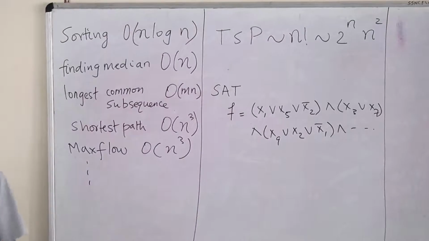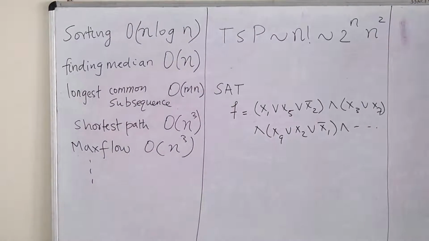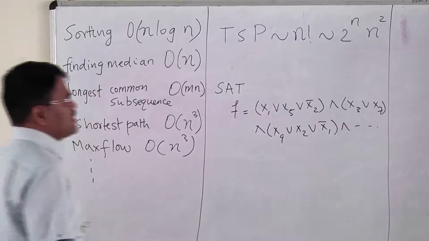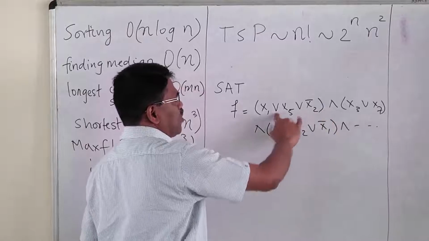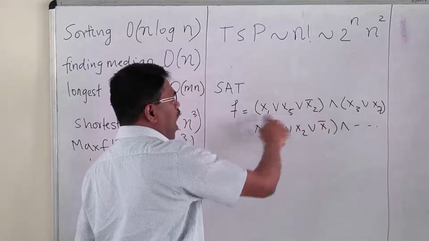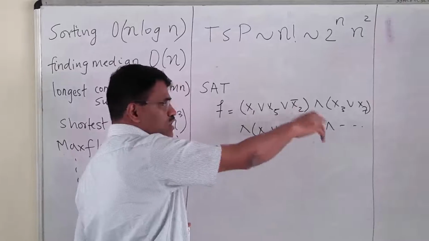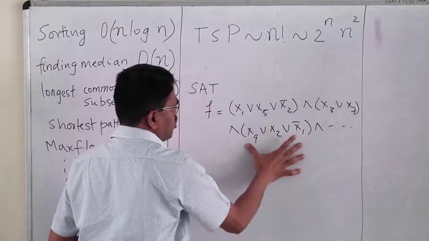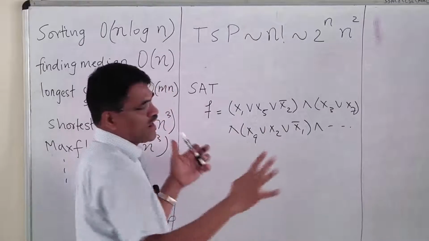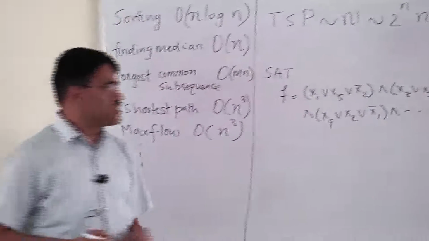You would all have seen something like this in a discrete math course or logic course. It's the formula in conjunctive normal form, because this is called a conjunction and these are called disjunctions. So you have an OR of a bunch of variables, and this is a clause, this is a clause, this is a clause, and you have a collection of clauses. This is an input.